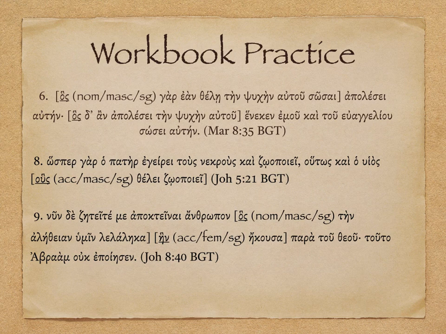Anthropon and has agree in number, they're both singular, gender, they're both masculine. But has, although it refers to anthropon, must be nominative because it becomes the subject of the verb lelalika. How about hen? It is the relative pronoun, and its antecedent is tain aletheon.